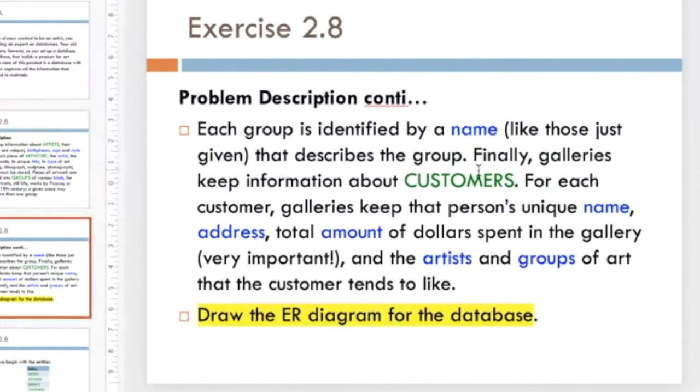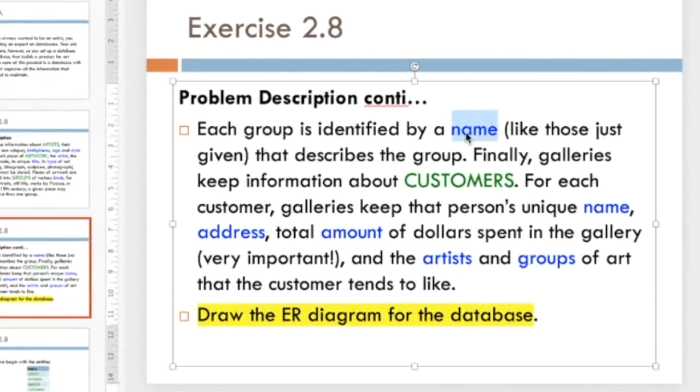Next page. Then group has more attributes, which is name. Another entity is customers, and it has attributes address, amount, name, artist, and groups.